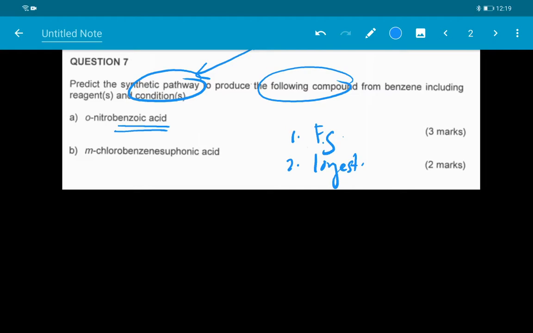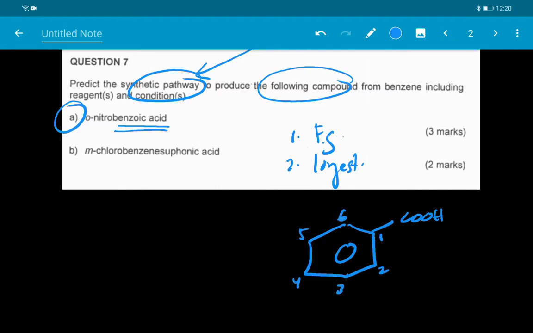Alright, for the first one, A, ortho-nitrobenzoic acid. Of course, we're going to try to draw the benzoic acid first. So what is benzoic acid? Benzoic acid is a common name for benzene which is attached to the COOH group. So automatically, COOH will attach to the first carbon of the benzene, and then we can simply number the rest until 6 carbons for the benzene ring.